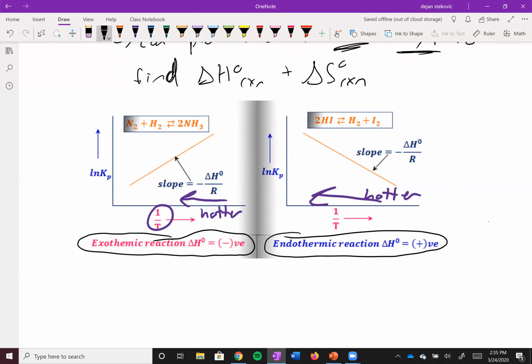So you can see for exothermic reactions, as they get hotter, as T increases, the ln of K actually decreases, and thus the value of K decreases.